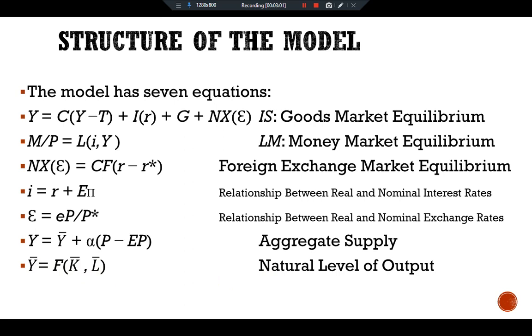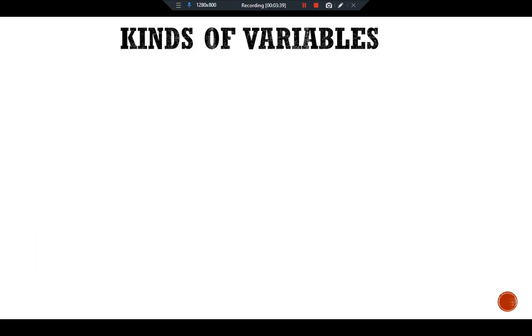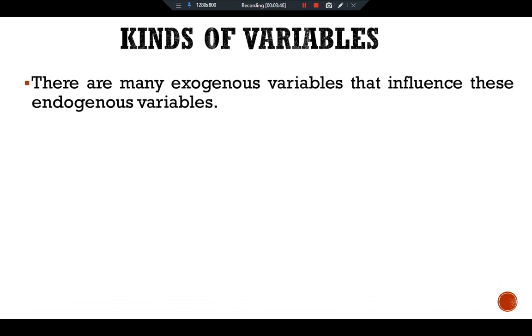These 7 equations determine the equilibrium value of 7 endogenous variables: output Y and the natural level of output Ȳ, the real interest rate r, the nominal interest rate i, the real exchange rate ε, the nominal exchange rate E, and the price level P. Besides these endogenous variables, there are many exogenous variables that influence them.